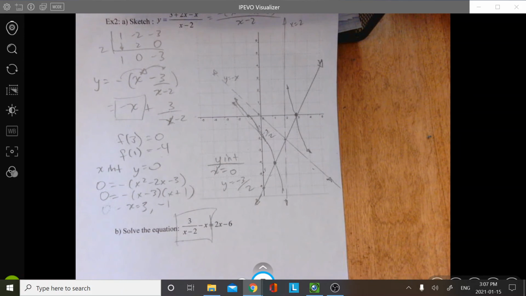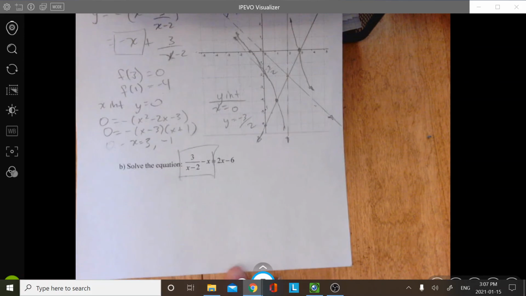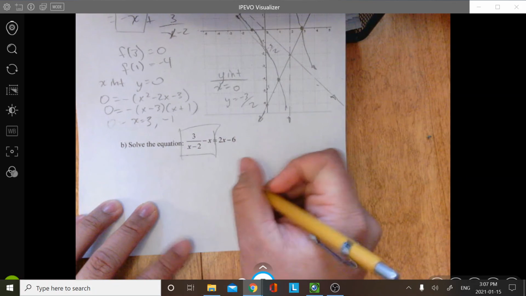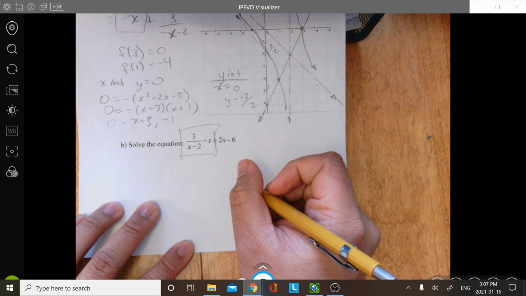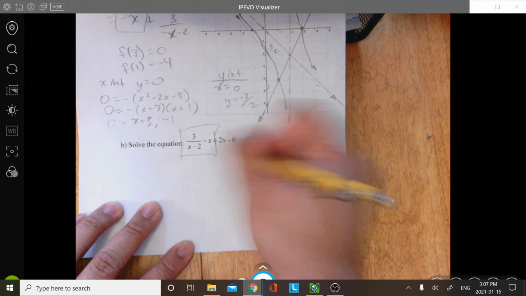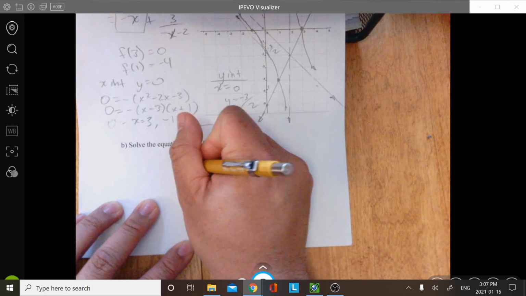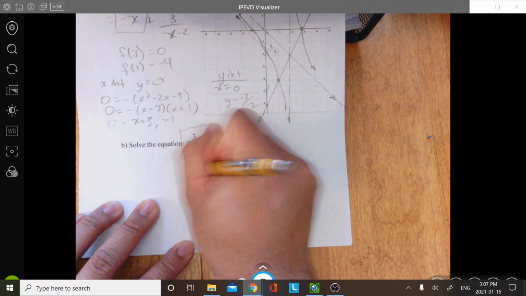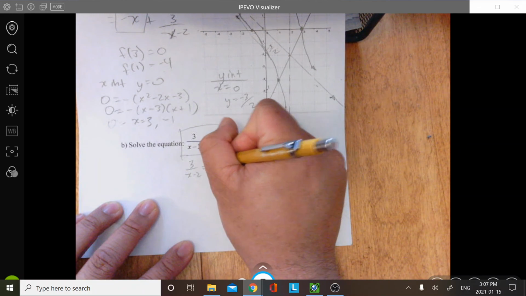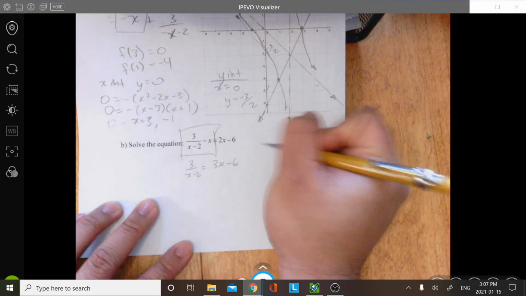So let's just prove that algebraically. The last step is to equate and manipulate this so that we can solve for our x here. So move the x over, you get 3 over x minus 2 equals 3x minus 6.